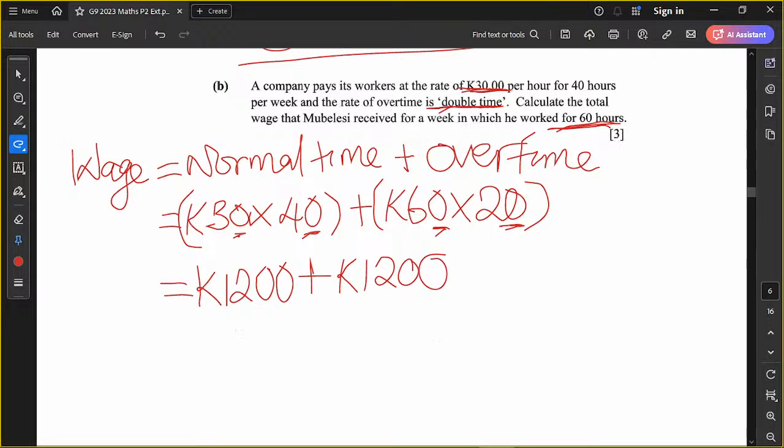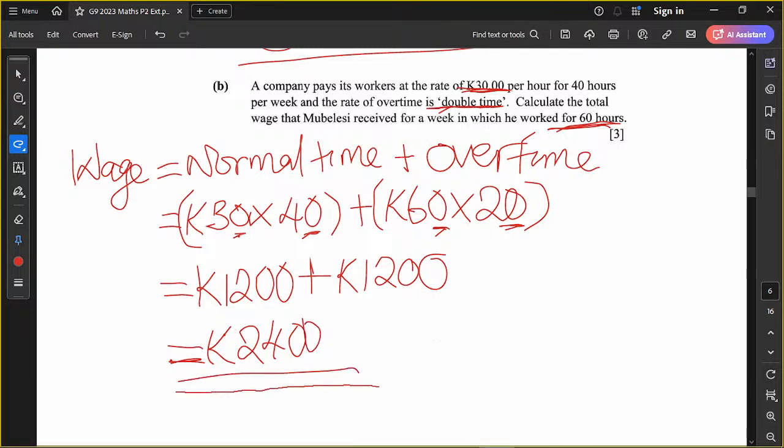So 1,200 kwacha plus 1,200 kwacha, I shouldn't forget the kwacha sign, gives us 2,400 kwacha. This is the wage of Mubelesi for that particular week where he worked for 60 hours. He doubled the salary.